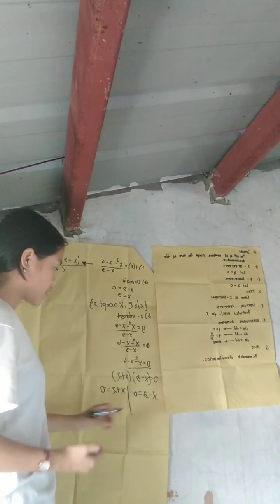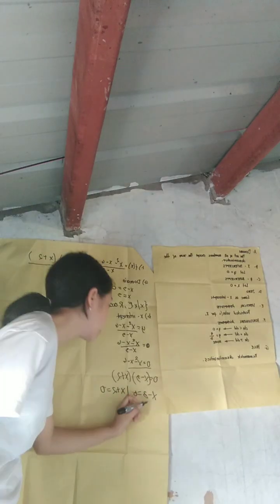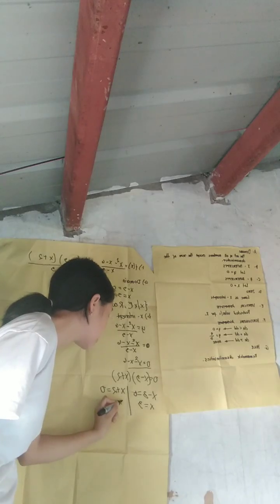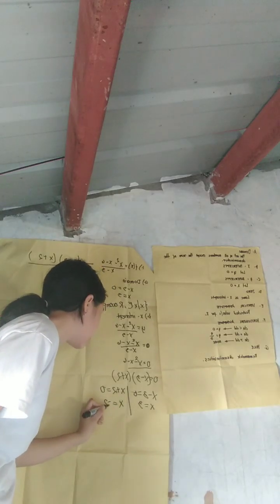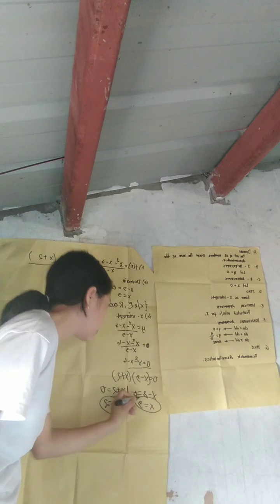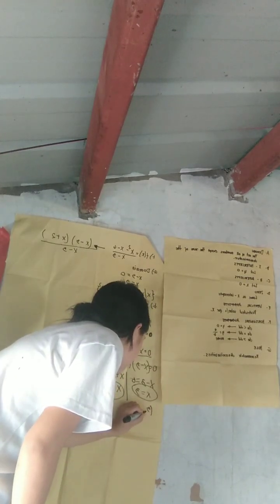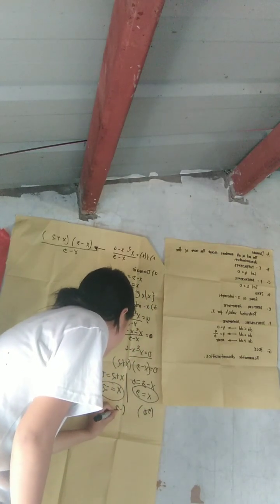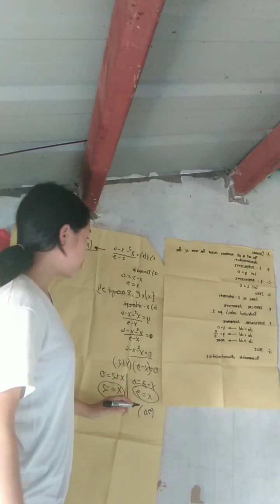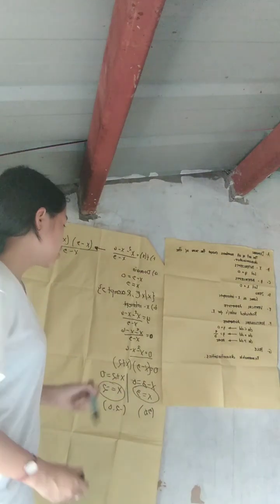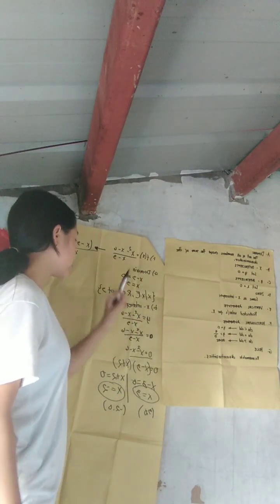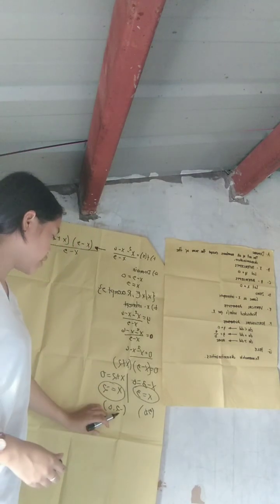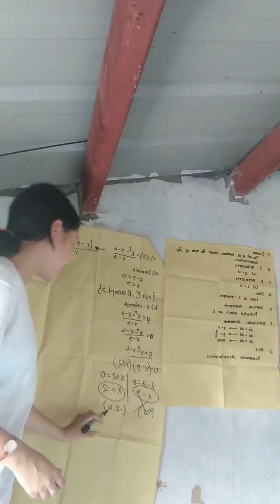Solving for x, x is equal to positive 3 and x is equal to negative 2. Take a look at our domain. Our x is not equal to 3, so we consider negative 2. The x-intercept is negative 2 and 0.